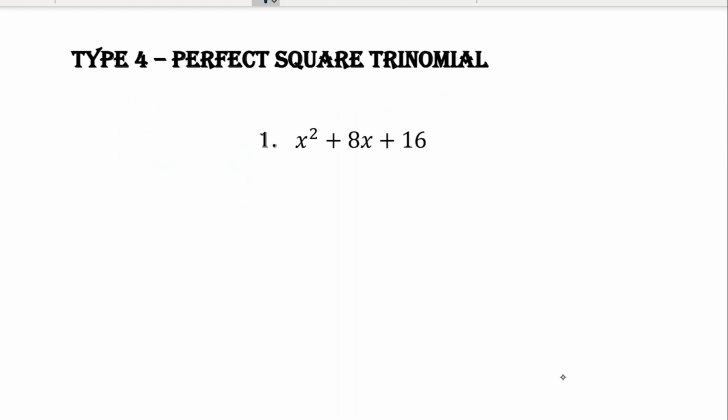Our fourth type of factoring is perfect square trinomials. In these, we need trinomials, so we have three terms. We need to be able to square root the first and last terms.